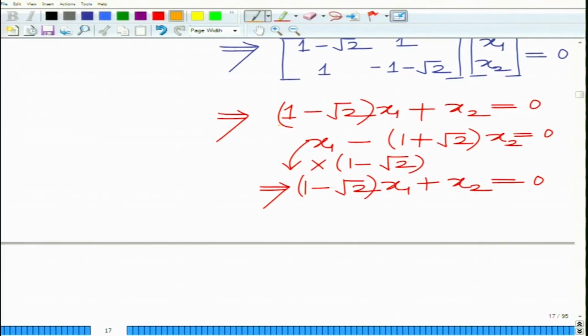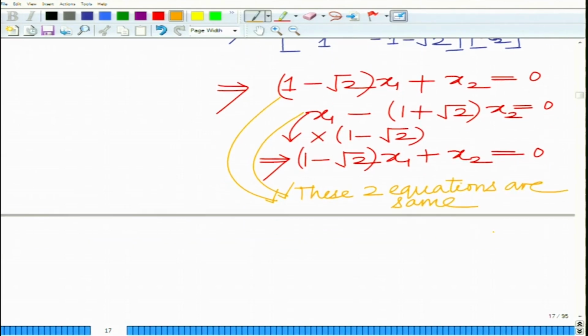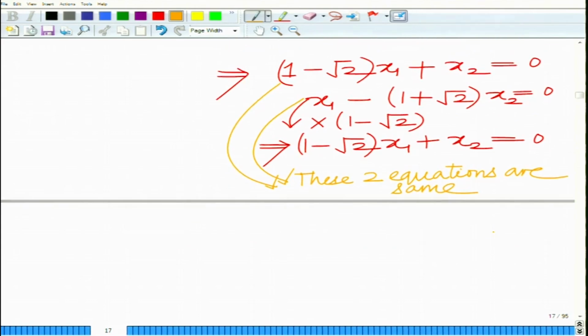So, this means that these two equations are basically the same.